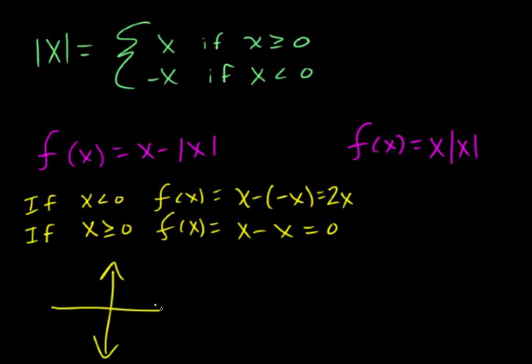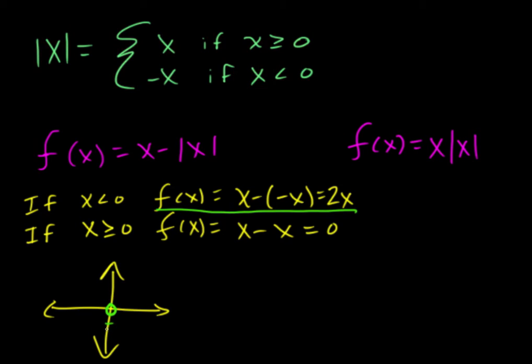So if we graph that, what's going to happen? It's graphing this part. So when we're less than 0, we do 2x. So if we look at the origin, it's going to be like that.